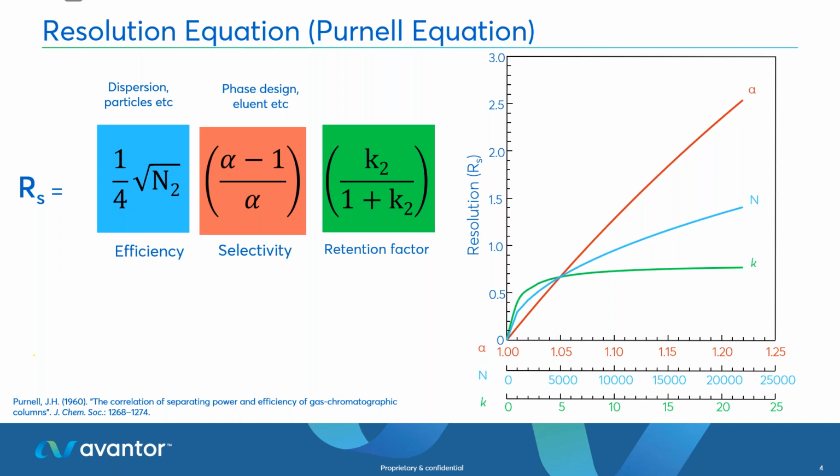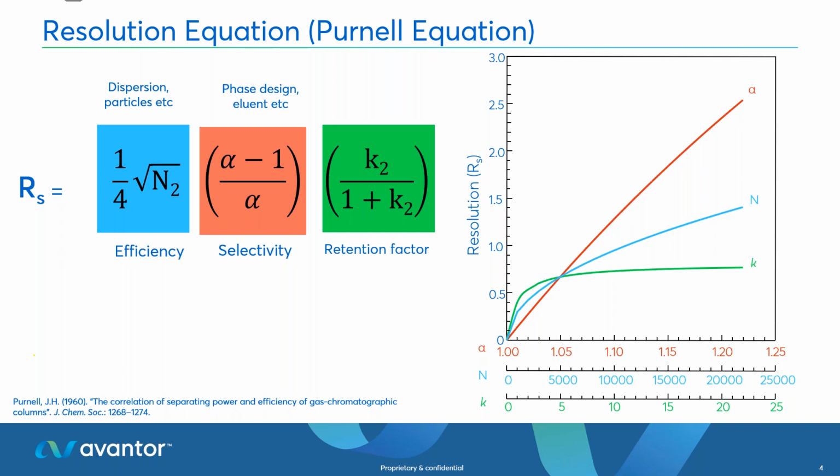You can see retention factor, so the K, the green graph, looks a bit like a reaction curve. It's important initially to have good retention, but when you get past 5 or 10, it's the law of diminishing returns. You don't get anything back for having larger retention factors.